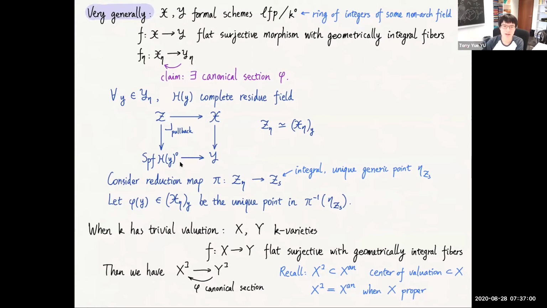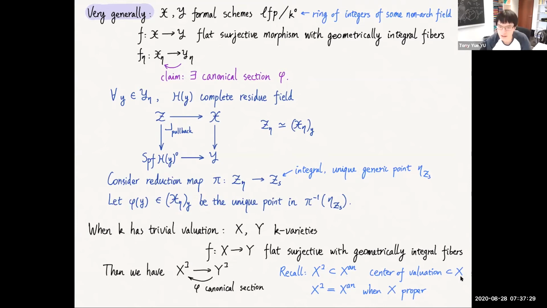And here, in this trivial valuation case, the generic fiber of X is isomorphic to some construction called X beth, which is a subset of the analytification consisting of valuations whose center is contained in X.